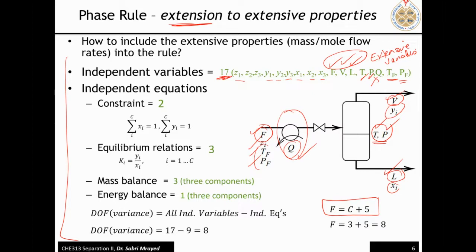Now, what about the independent equations? We will follow the same approach. We have two constraints. We have summation of x is equal to 1, summation of y is equal to 1. But my question is, why don't we use summation of z is equal to 1 as well? Is it possible to use it?